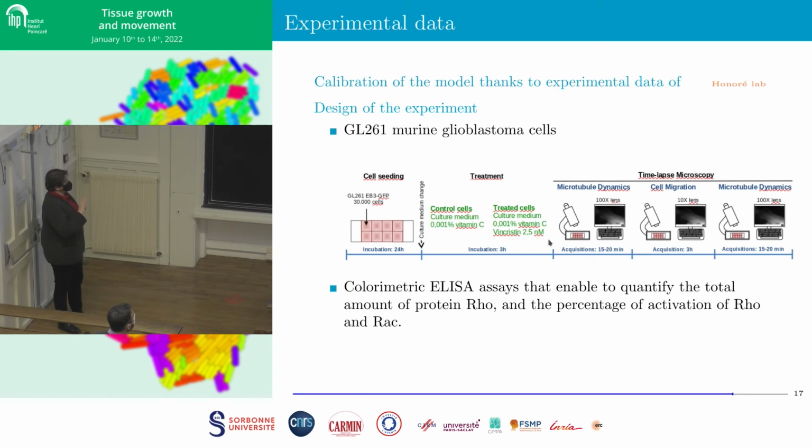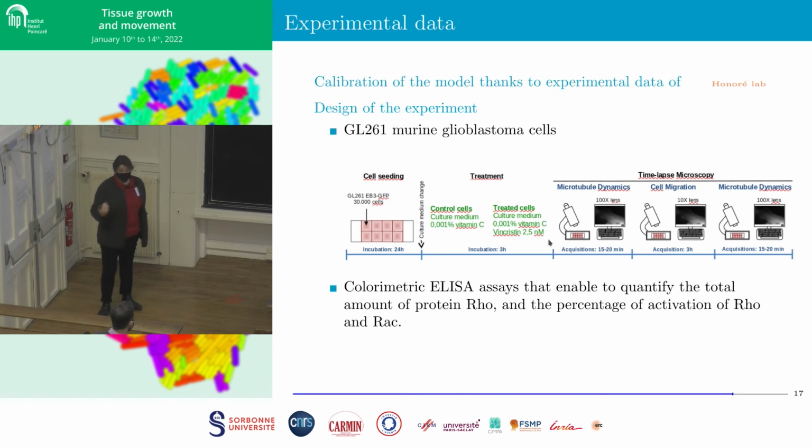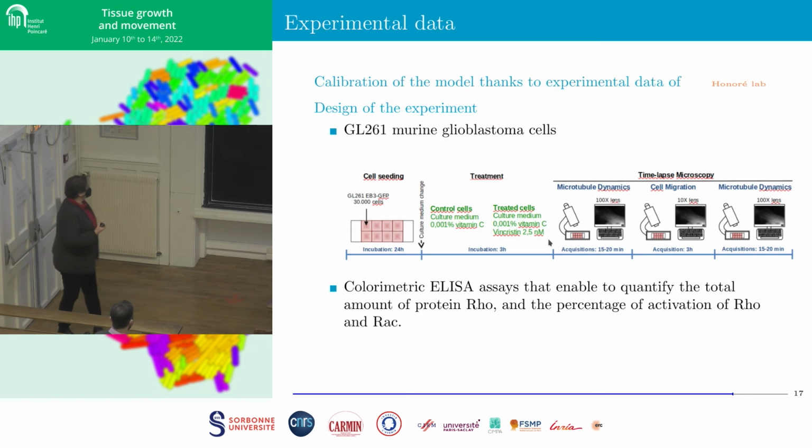So this is information for the dynamics of microtubule and cell migration, but we also had information about the protein rho and protein rac. They made what they call a colorimetric ELISA assay, and they were able to quantify the amount of protein rho and the percentage of activation of rho and rac.